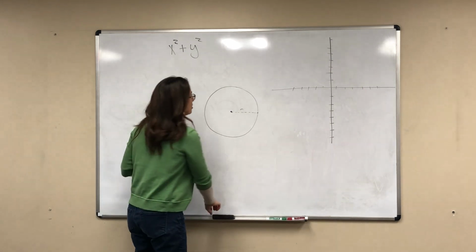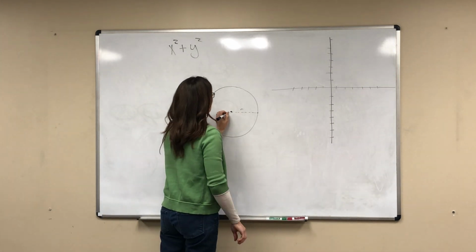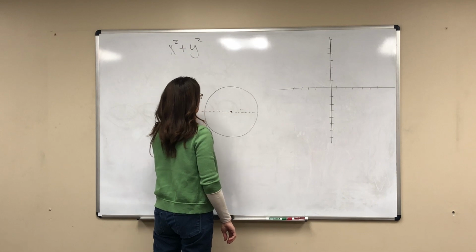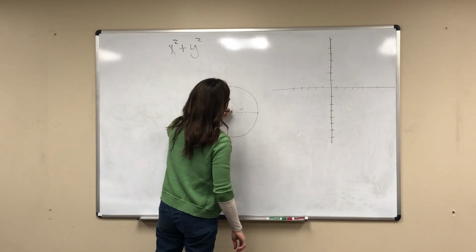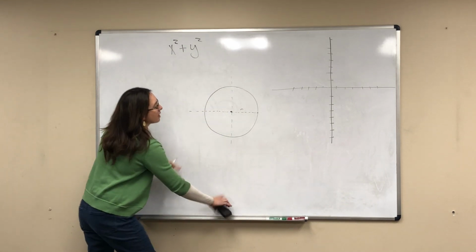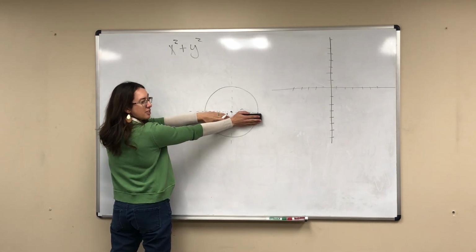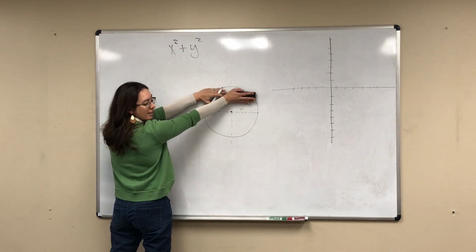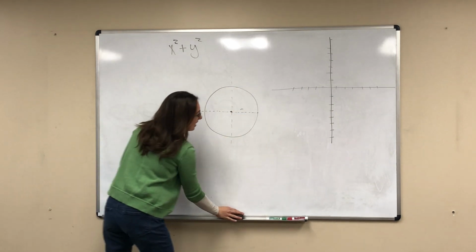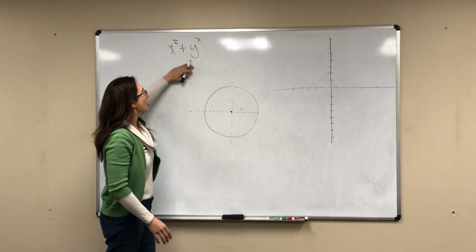Now, let's look at maybe what a circle looks like if I were to stick it on a graph. What does this top part of the circle look like that we've just studied? A parabola. And the bottom part? A parabola. Okay, so we have curvature.